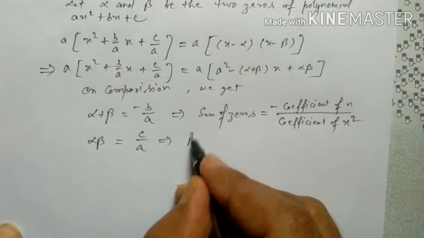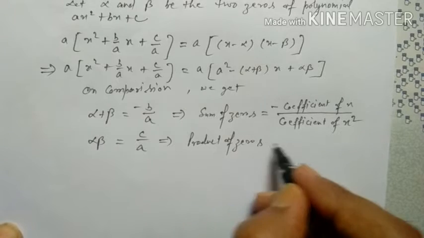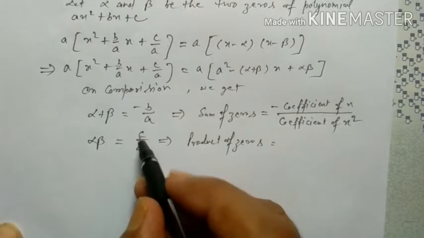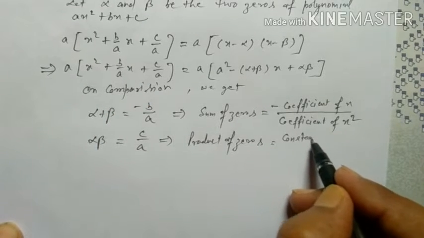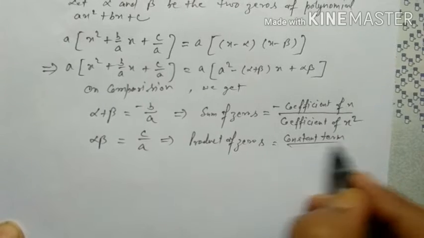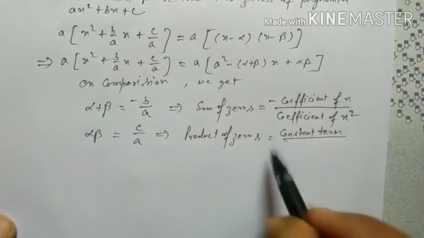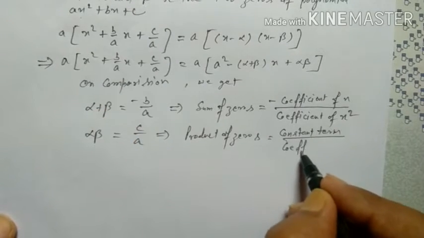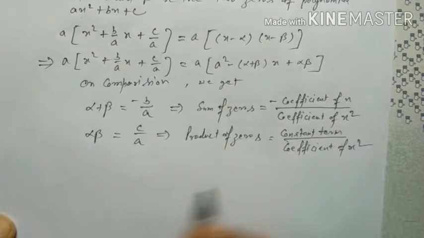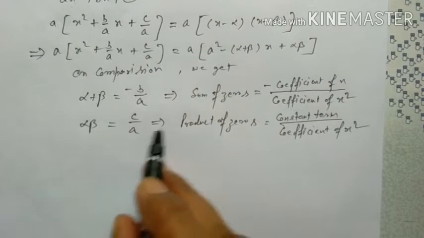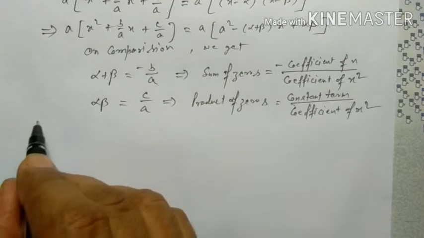This implies product of zeros equals c, the constant term, upon a, the coefficient of x square. This is the relation between zeros and coefficients.